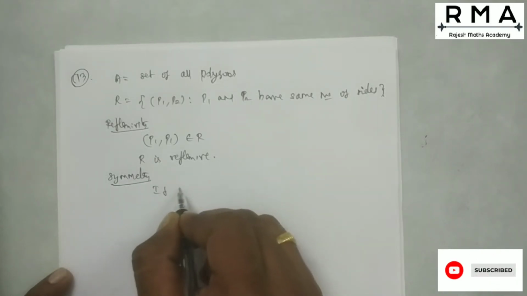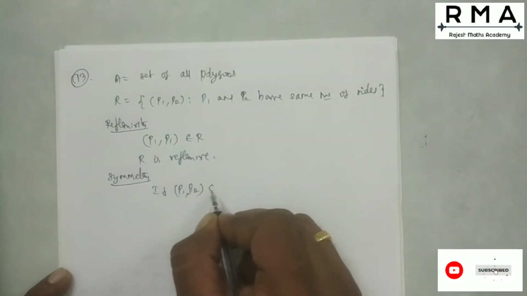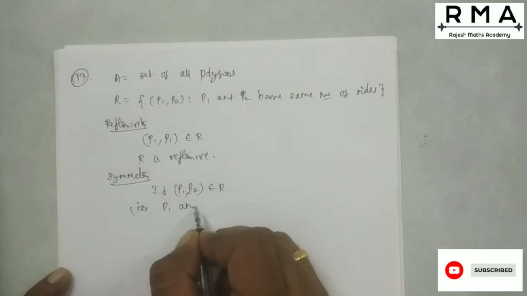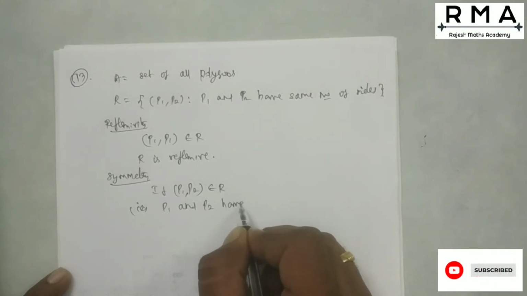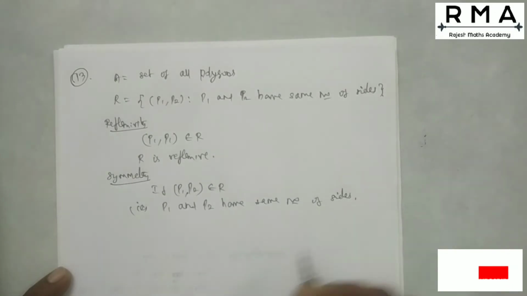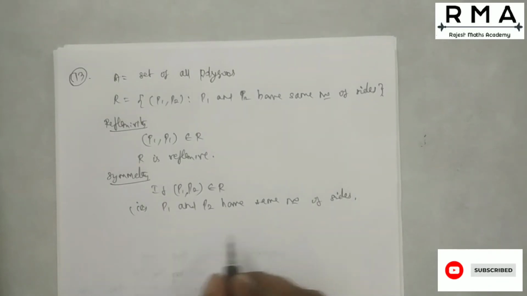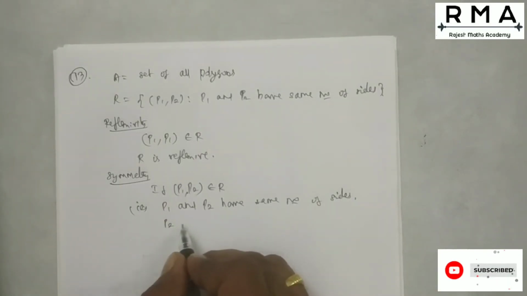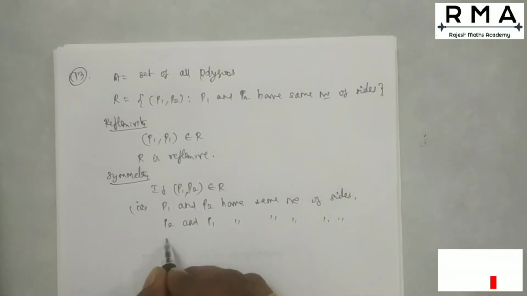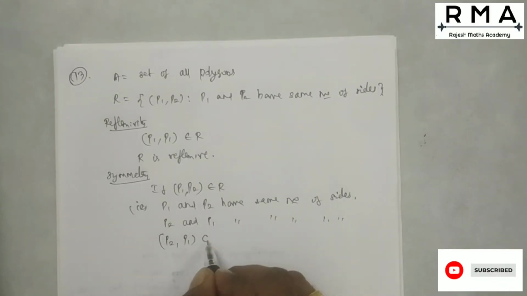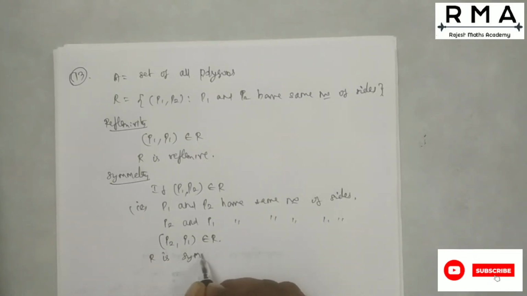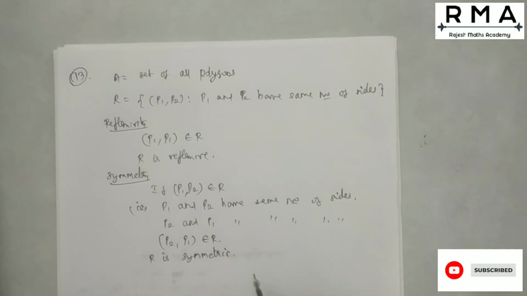If (P1, P2) belongs to R, what is the meaning? P1 and P2 have the same number of sides. Inversely, P2 and P1 have the same number of sides. So (P2, P1) belongs to R. This implies R is symmetric.